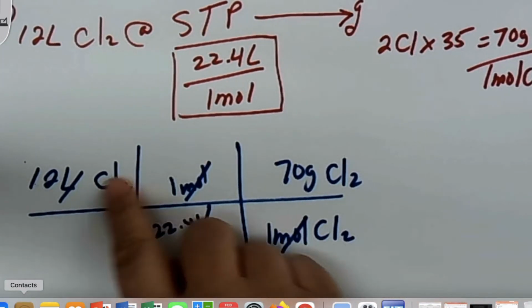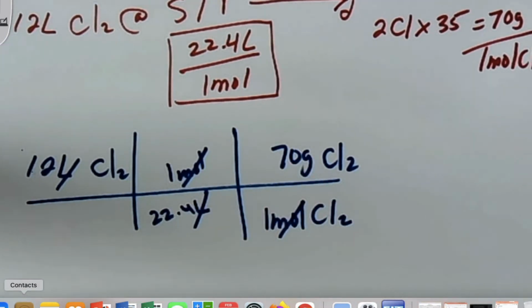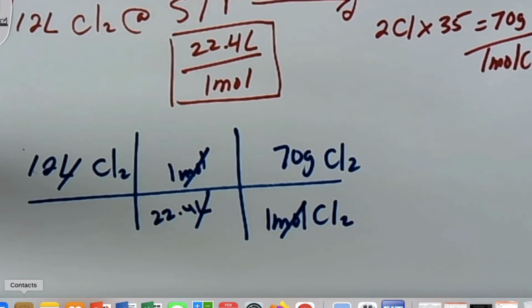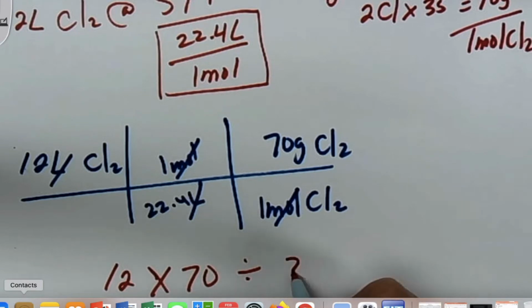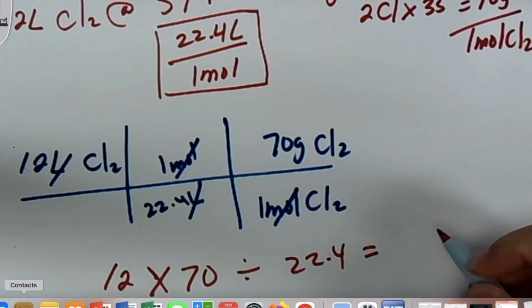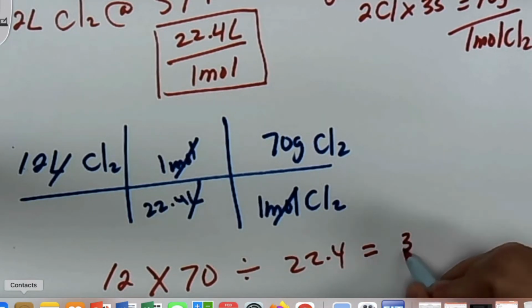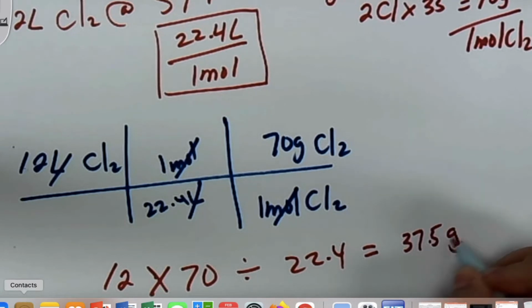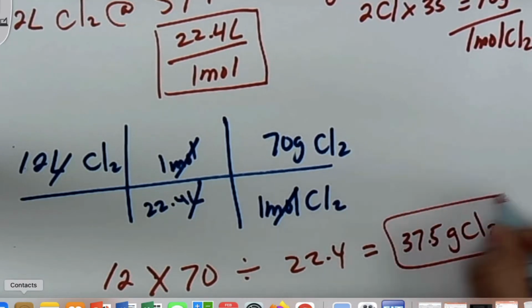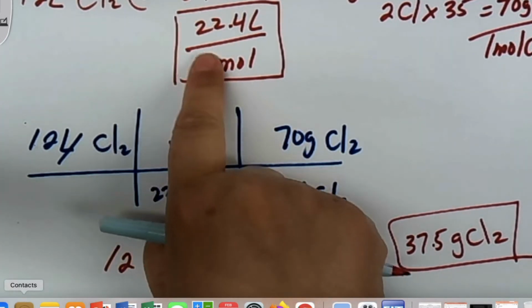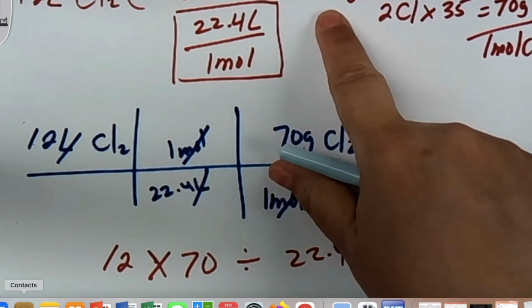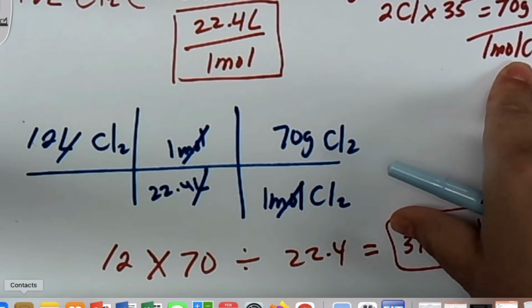So we multiply everything on top. So we have 12 times 70 divided by 22.4 equals 37.5 grams of Cl2. Okay, so STP, we know the values. The molar mass we have to look up from the periodic table.